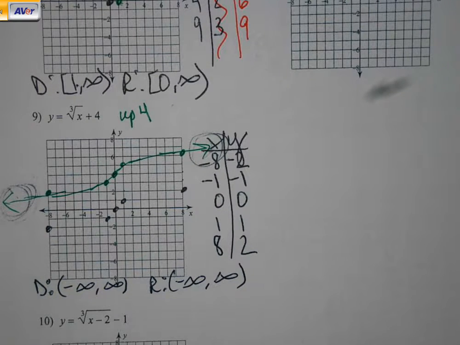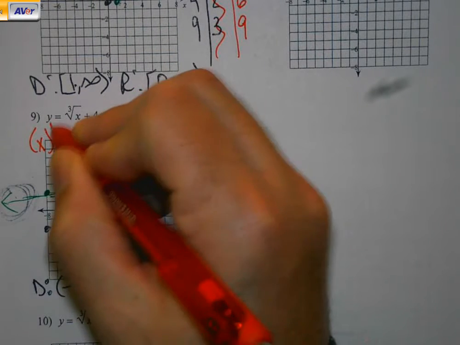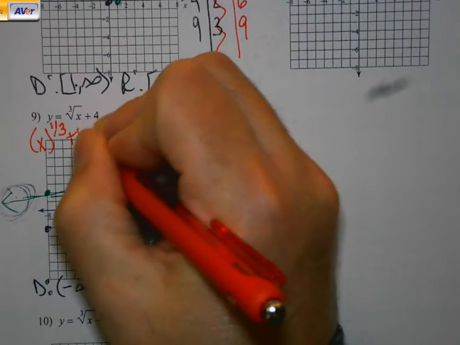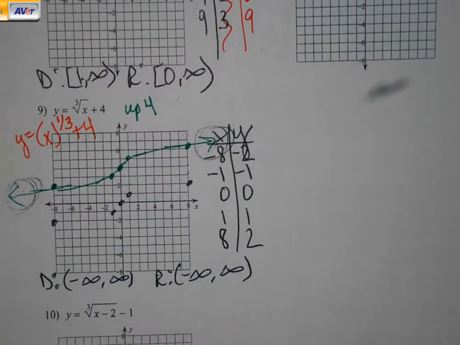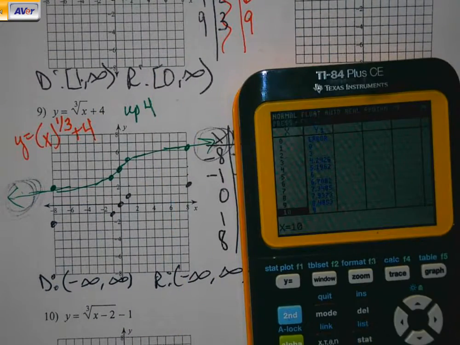But you're like, okay, you said that if I was not a charter, you would hook me up, and I will. Okay, reminder, when we're doing these in the calculator with cubes, the easiest way to play with them is to take whatever's under the radical, put it in parentheses, and take it to the 1/3. So if you're going that route, this is how I would have you get it typed in.